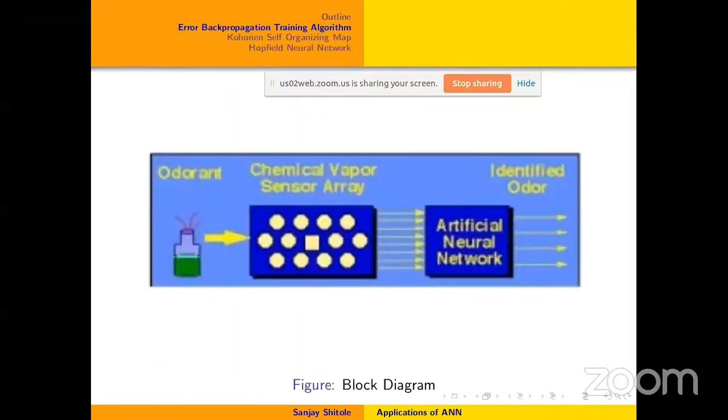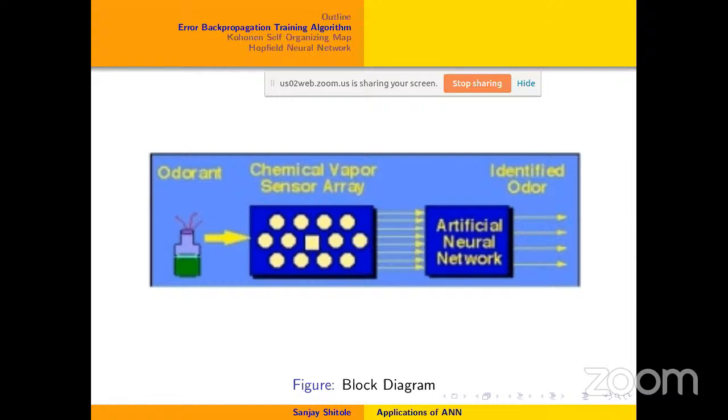This figure will give you some idea about how you are going to develop this lung cancer related application. Database creation is very important. In this block diagram, you will observe the artificial neural network, and prior to that there is an input. The input is from the chemical vapor sensor array.